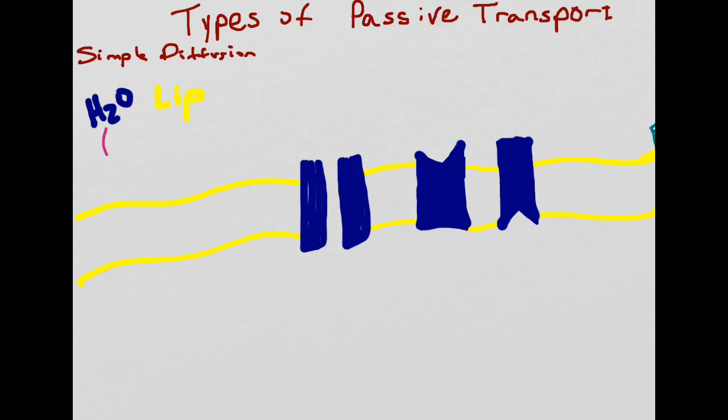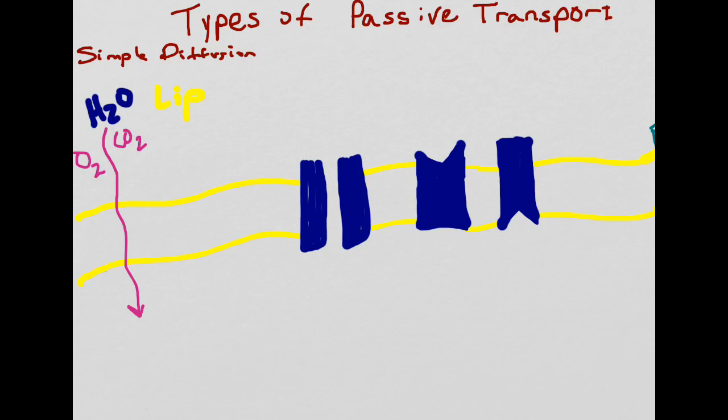Okay, so water, just this yellow line here, these yellow lines are representing my phospholipid bilayer, and water is just squeezing in between those phospholipids, no problem. Carbon dioxide, we could put him in there. Oxygen, any of those, they will go down their concentration gradients. Wherever they're high, they will go to low, and they will meet an equilibrium at some point.